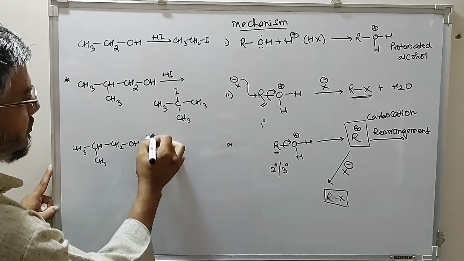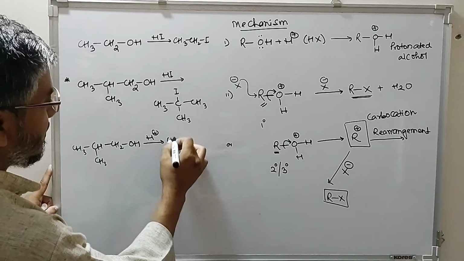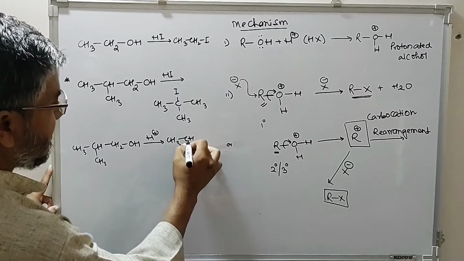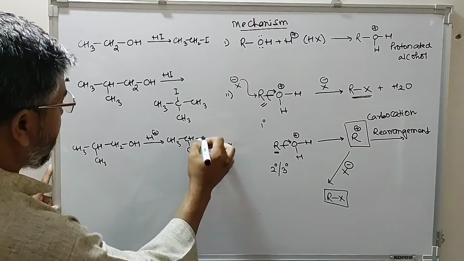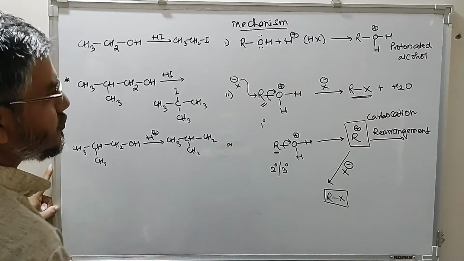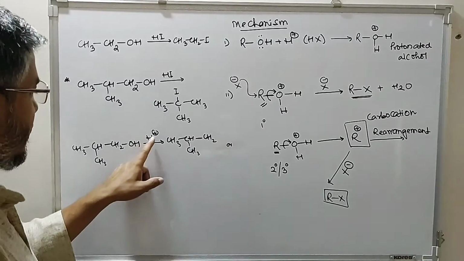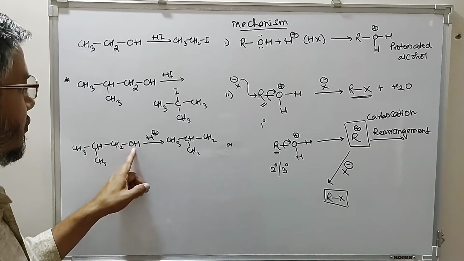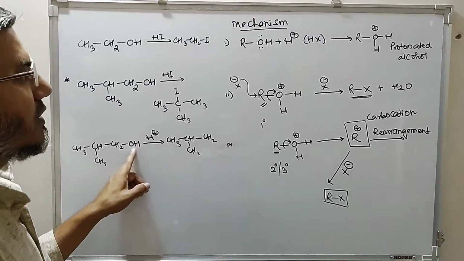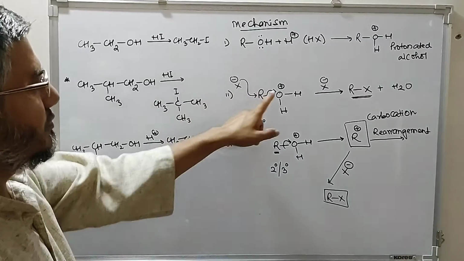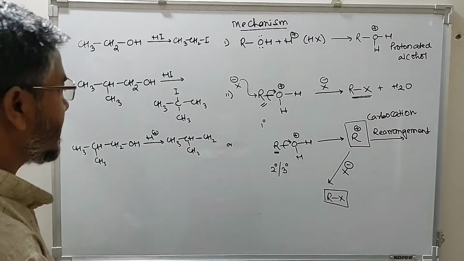This reacts with H plus ion, and this gives you CH3, CH, CH3, CH2. I am combining these two steps. First this reacts to give you protonated alcohol. Now protonated alcohol loses a water molecule, and this gives you cation.